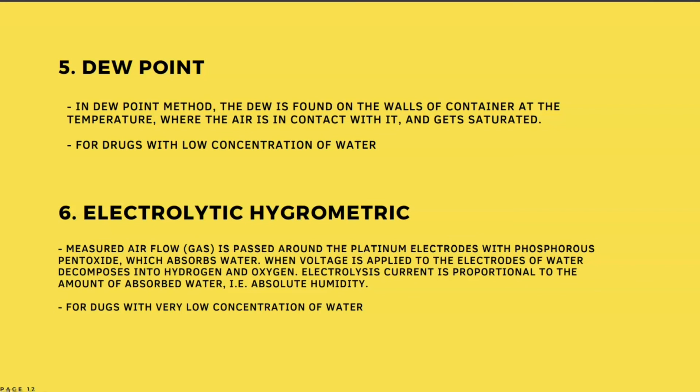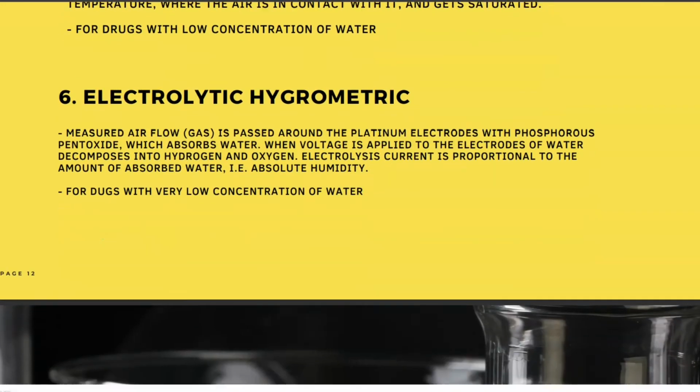Measured airflow is passed around platinum electrodes with phosphorus pentoxide, which absorbs water. When voltage is applied to the electrodes, water decomposes into hydrogen and oxygen. Electrolysis current is proportional to the amount of absorbed water. Example, absolute humidity for drugs with very low concentration of water.